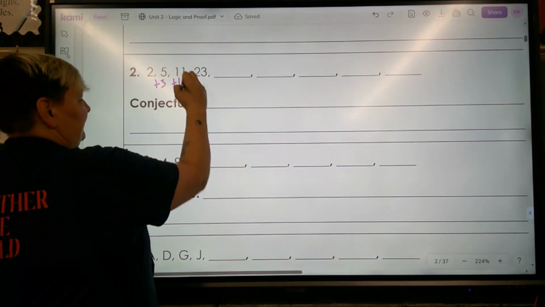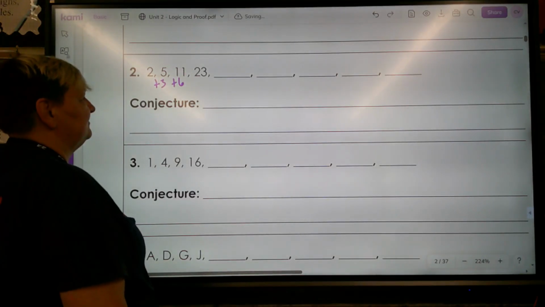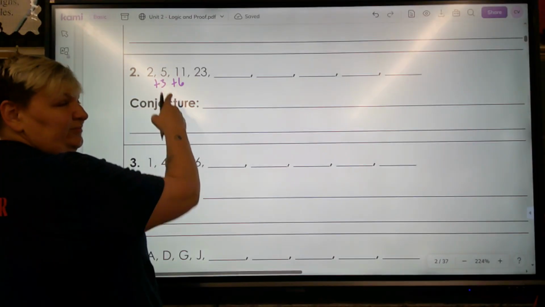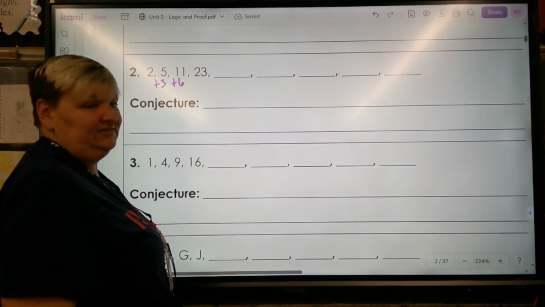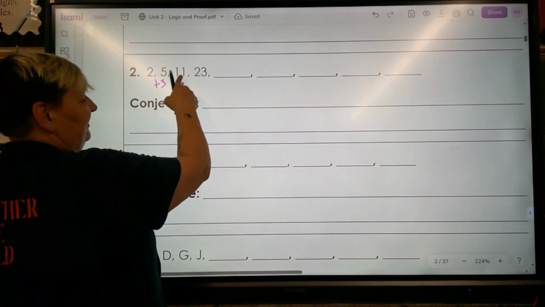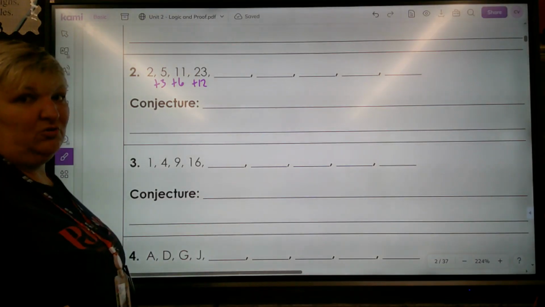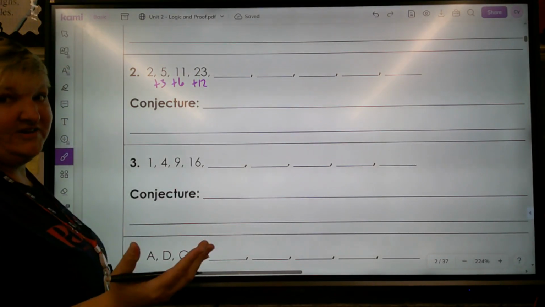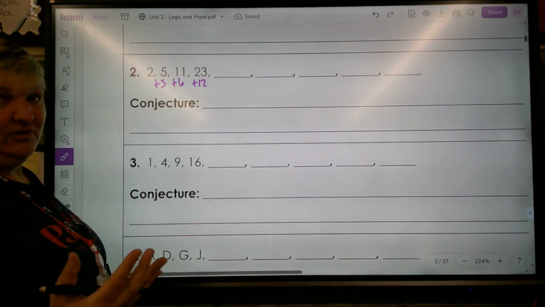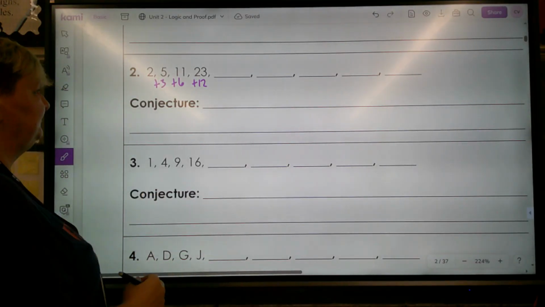We went up 6. So we could be using multiples of 3. But then to get from 11 to 23, we went up 12. So we can't be using multiples of 3 because we missed 9. Right? So we have to readjust our hypothesis.